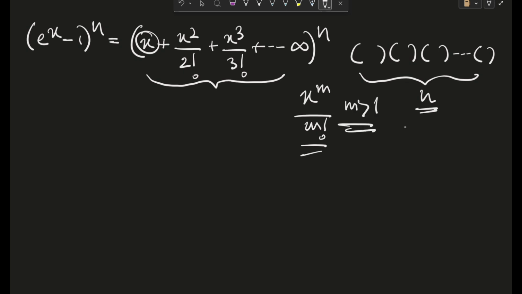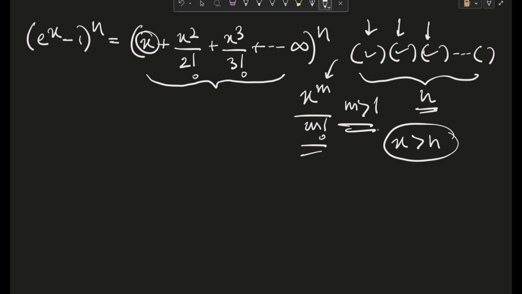If this term is chosen from any one of the n factors in this product, we can take it from here, here, any of these factors, then the result will have a power of x which is greater than n. I hope this was clear.